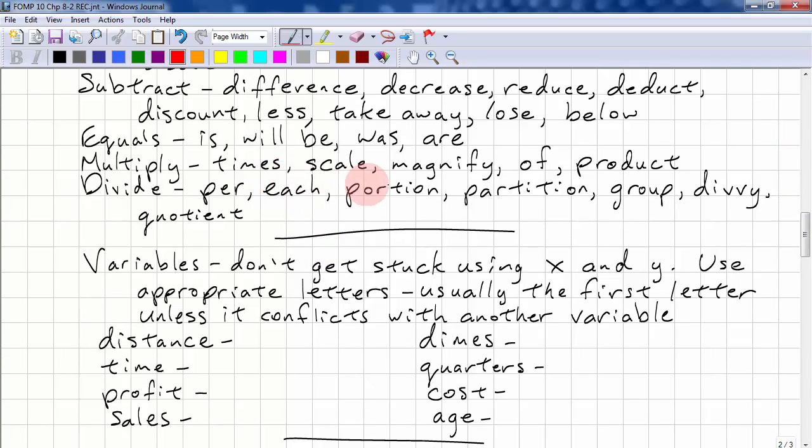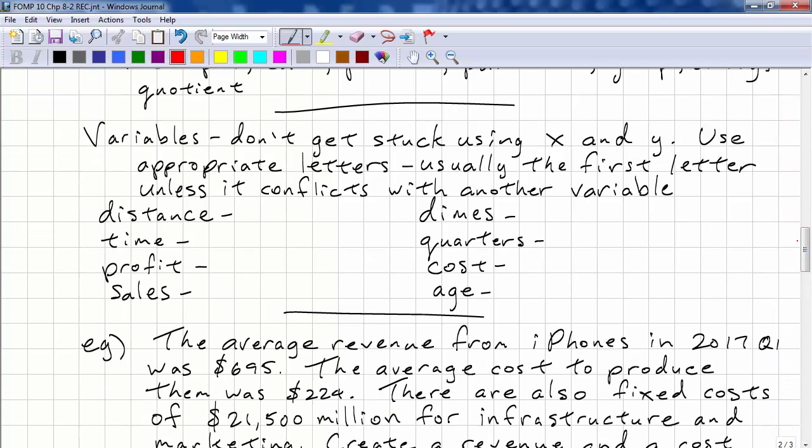If we see times, scale, magnify, of, product, that generally means multiply. Per, each, portion, partition, group, divvy, quotient, these mean divide. So don't get stuck using just X and Y. Use appropriate letters, that way you know what you're answering when you solve. And customarily, we put the first letter as our variable.